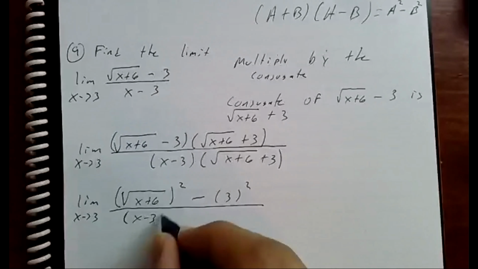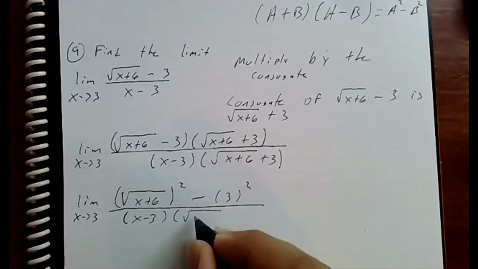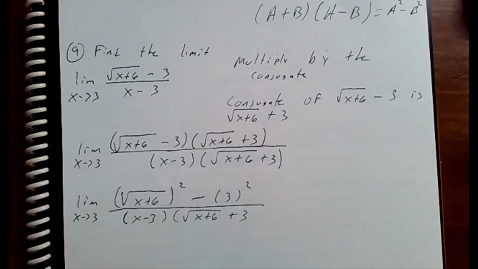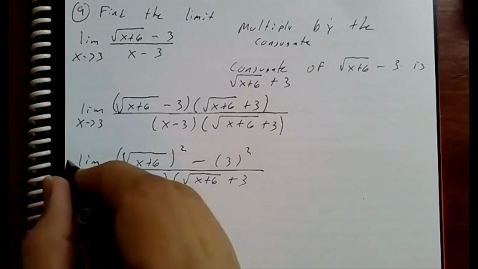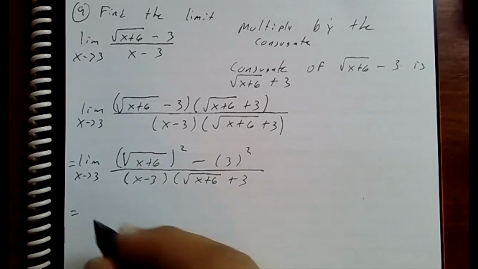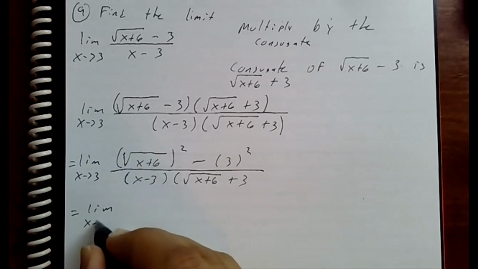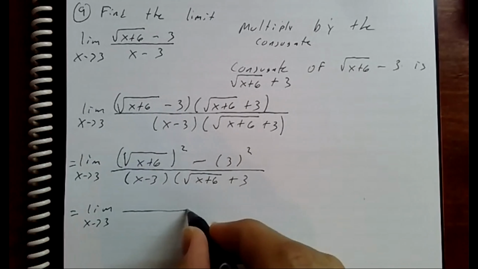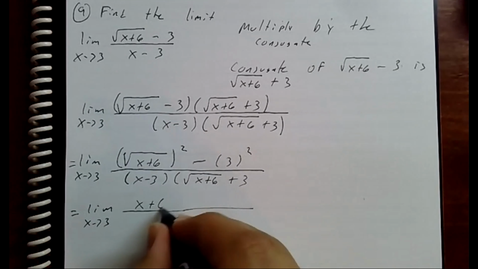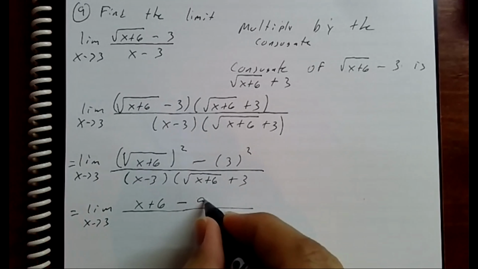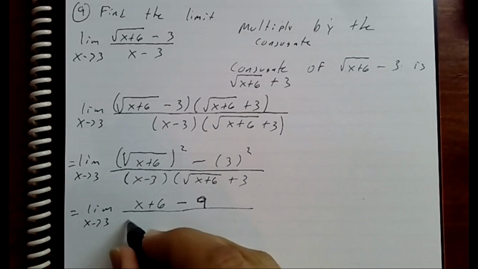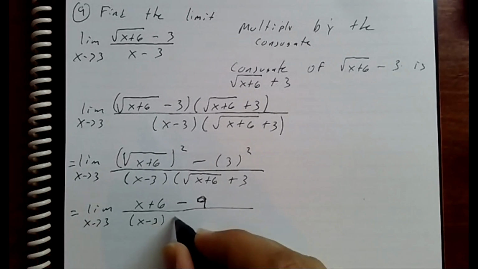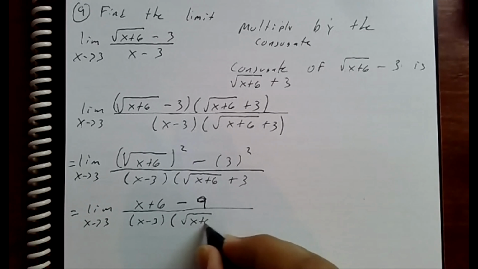And I'm not going to do anything on the bottom just yet. This square, which is the reason I did this, will cancel the radical. That's what we want. Do you see where we're headed?